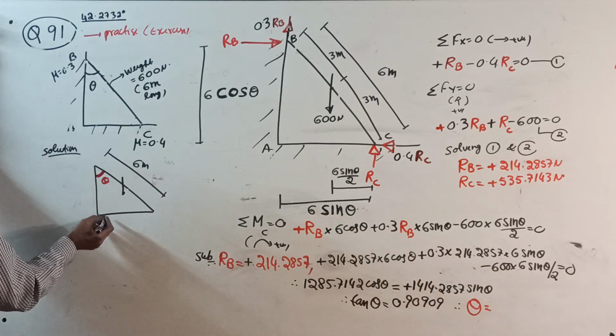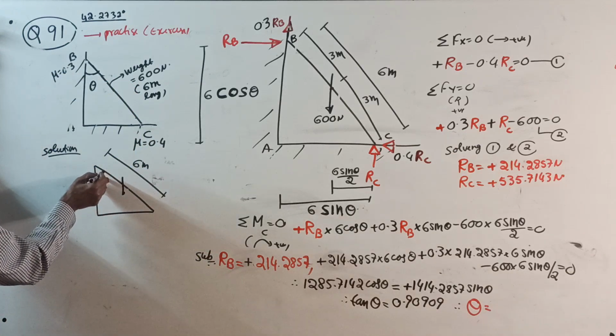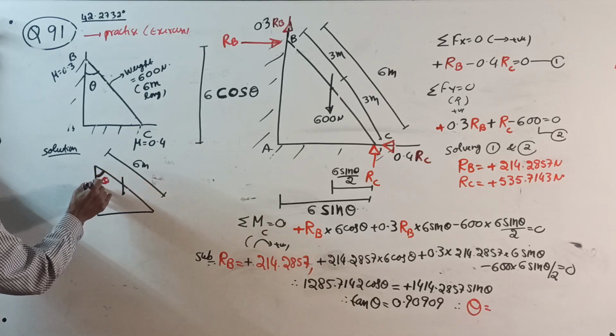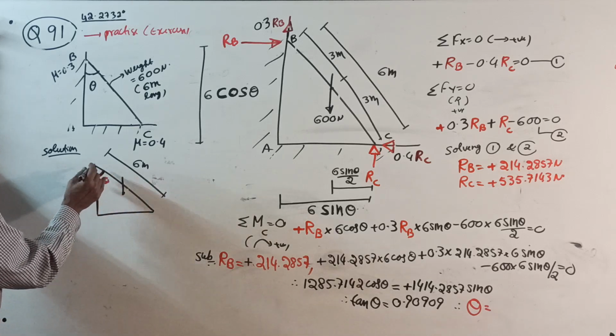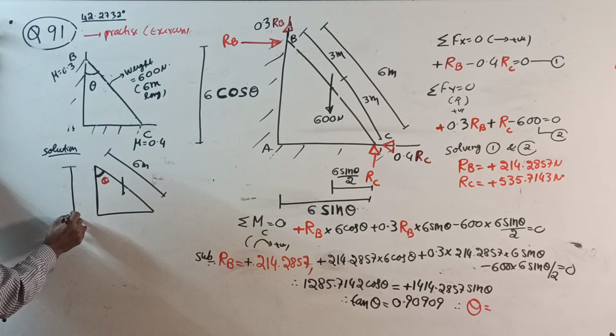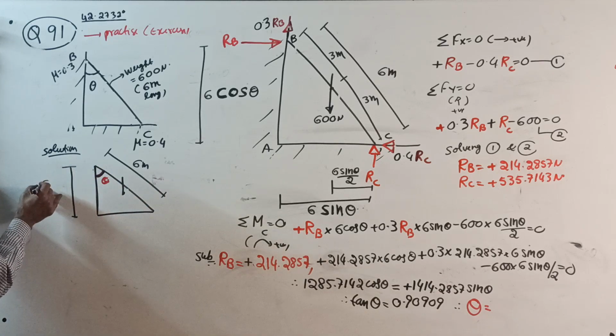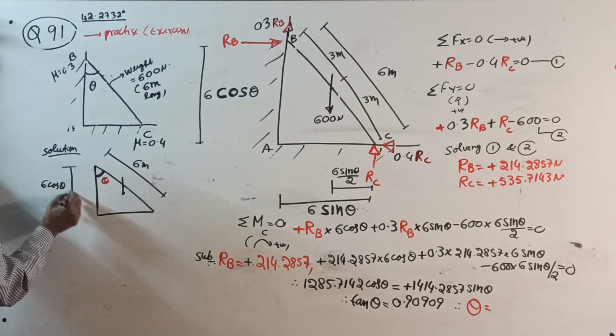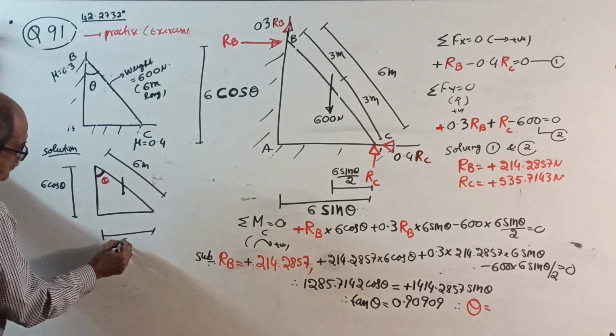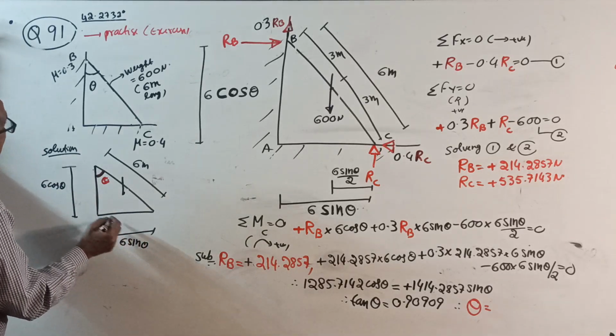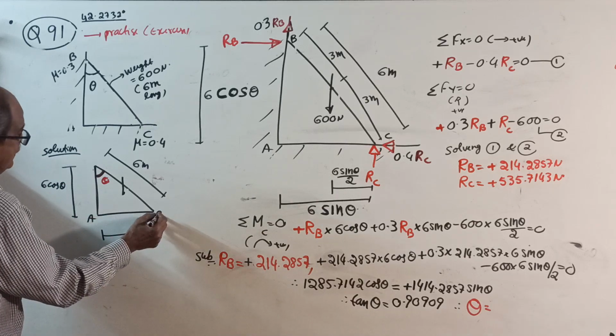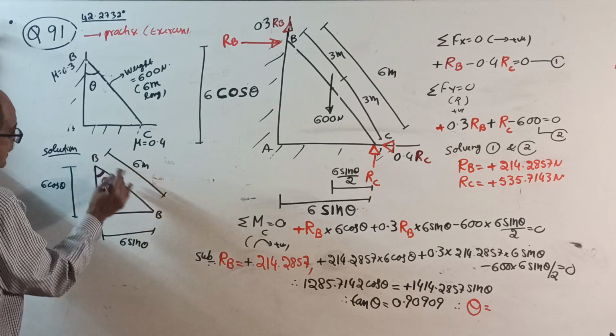Now, theta is the angle made with vertical. Therefore, vertical component is cos now. This is 6 cos theta. This is 6 sin theta. You should be very careful. Or you can write ABC.